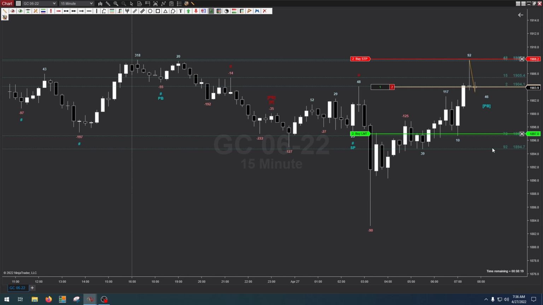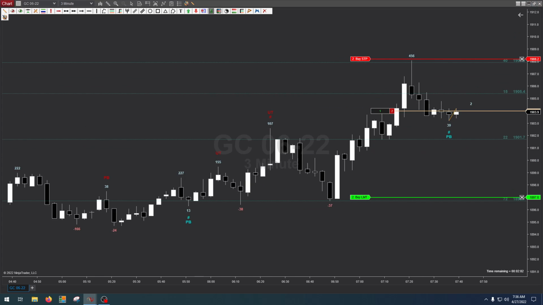So we need some sellers to come in here very strongly and very quickly. But we do need to confirm a swing high. You have to be aware of that.